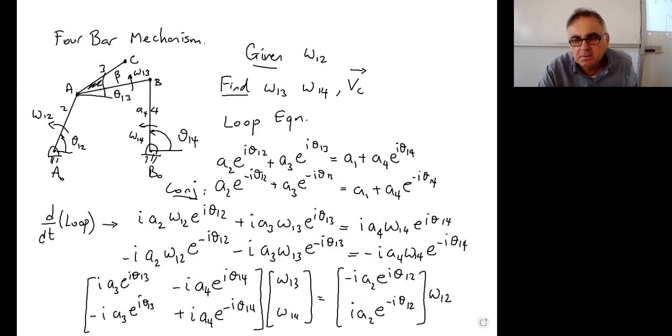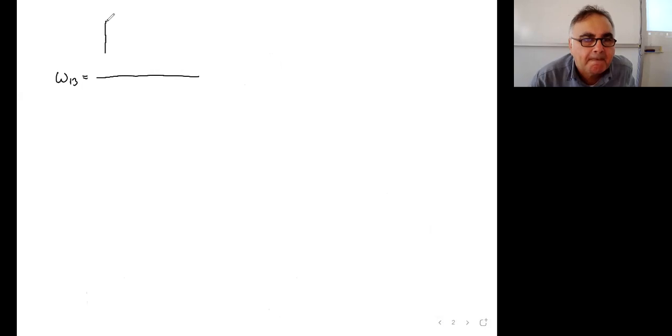So let me open a new page and do it here. Omega 1, 3 is going to be the determinant of minus A2 omega 1, 2.